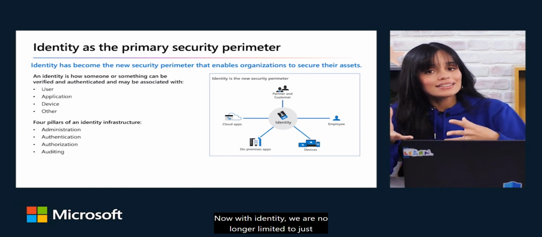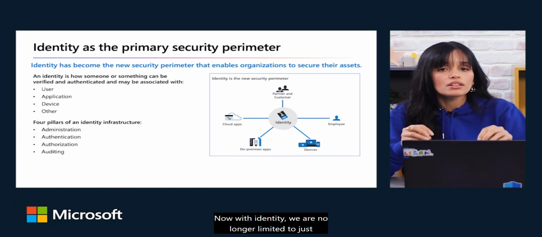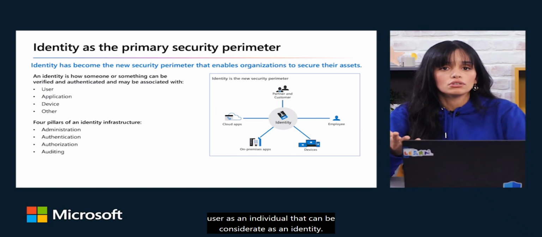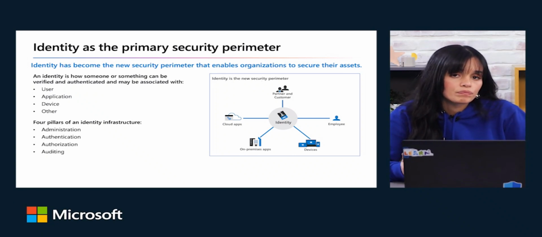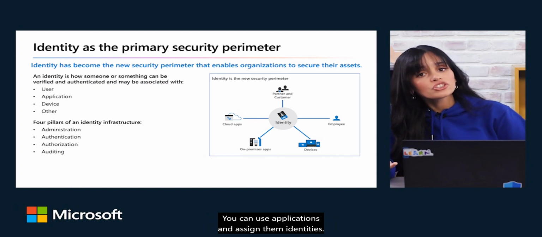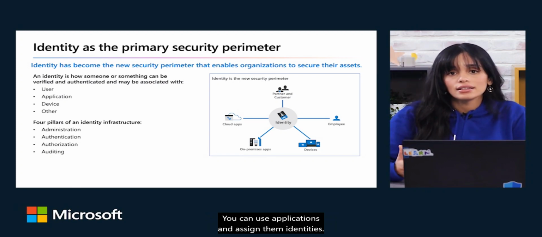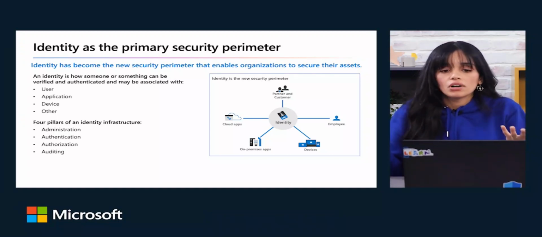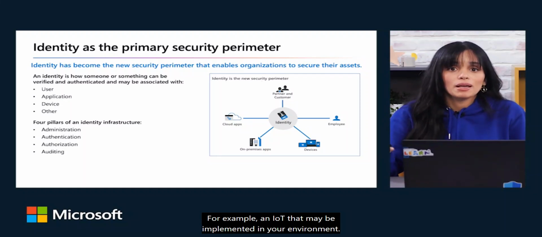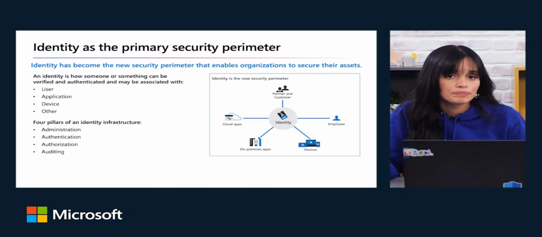Now with identity, we are no longer limited to just a user as an individual that can be considered an identity. You can use applications and assign them identities. It can be any other services or devices that you can be using, for example, an IoT device that may be implemented in your environment.